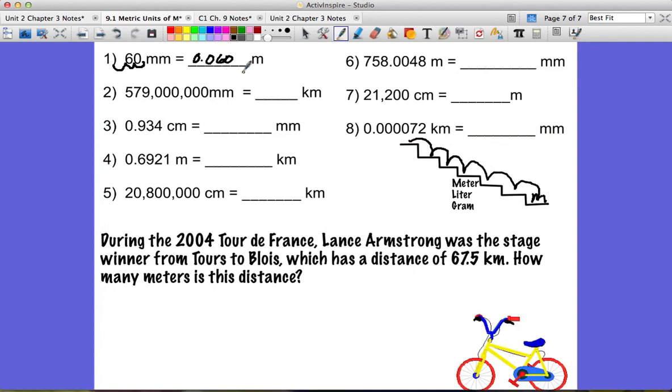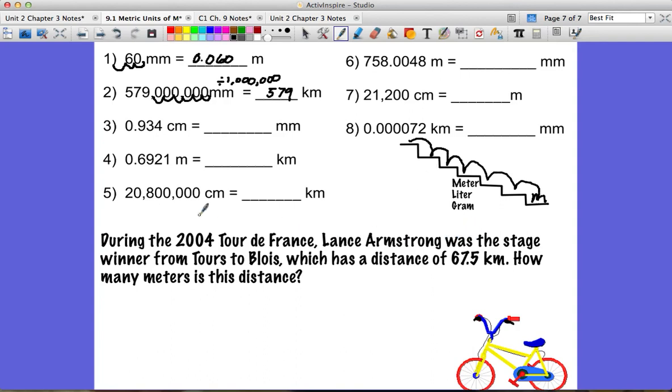So I would actually divide this by 1 million, which means that I can just move my decimal as many places as I have zeros. And since I have 6 zeros, I've moved my decimal, since it's division, to the left 6 places. 1, 2, 3, 4, 5, 6. So my answer is 579 kilometers.